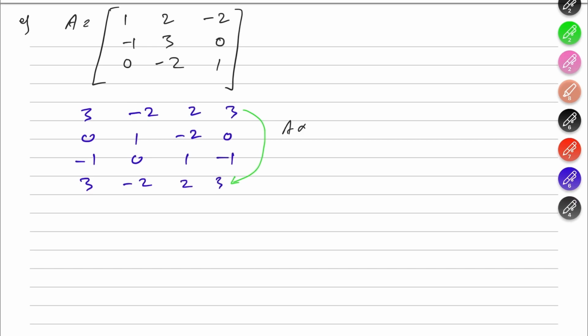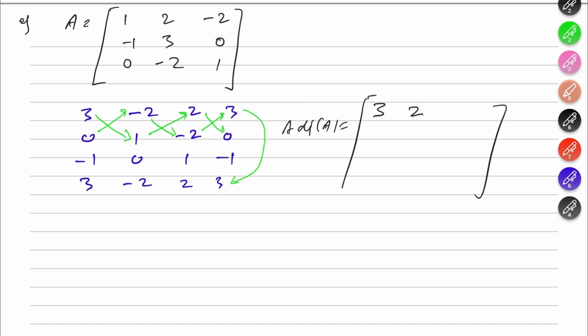Now we can directly write the adjoint of the matrix. Directly we can say this is 3 minus 0, which is directly 3. Similarly, minus 2, that is 4 minus 2, which is 2 here, and this is 2 0 and minus 6.